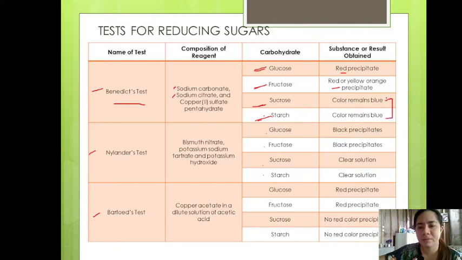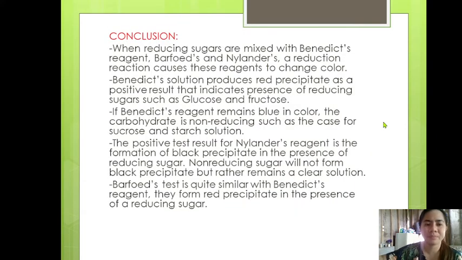When reducing sugars are mixed with Benedict's reagent, Barfoed's, and Nylander's, a reduction reaction causes these reagents to change color. So in the Benedict solution, a red precipitate is a positive result that indicates the presence of reducing sugars such as glucose and fructose. Where it remains blue in color, the carbohydrate is non-reducing, such as in the case of sucrose and starch solution.